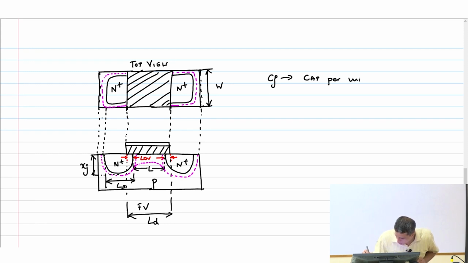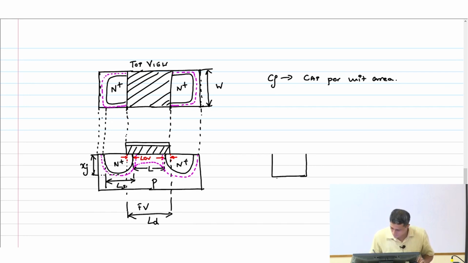Now all we have to do is find out what all the area components are. If you look at this front view, you agree that there is going to be one diffusion capacitance. Now let's assume that this is a proper rectangle. I am not worried about all the deformations, we can correct for that later, through some empirical correction.